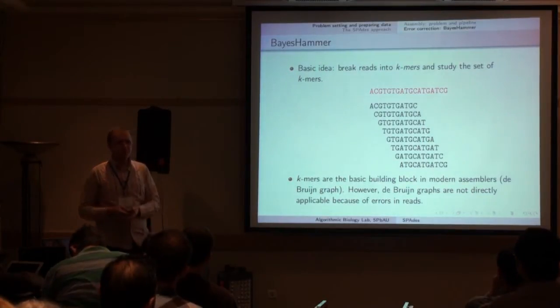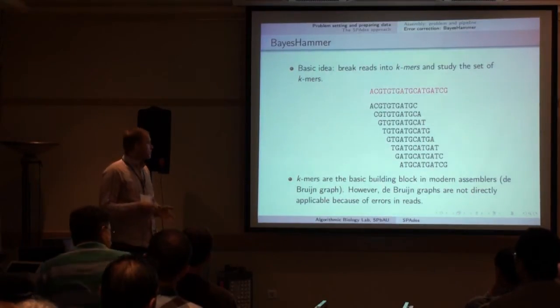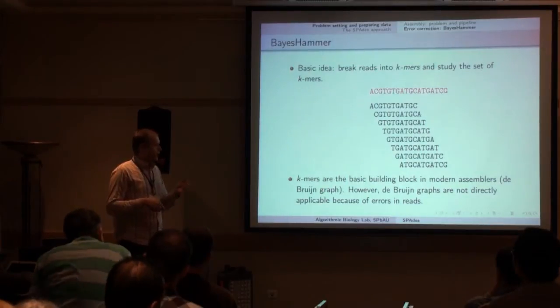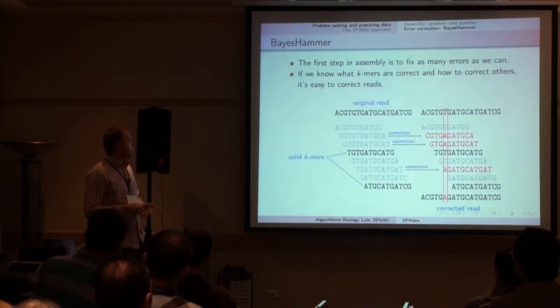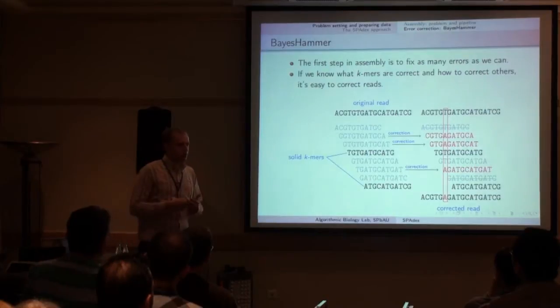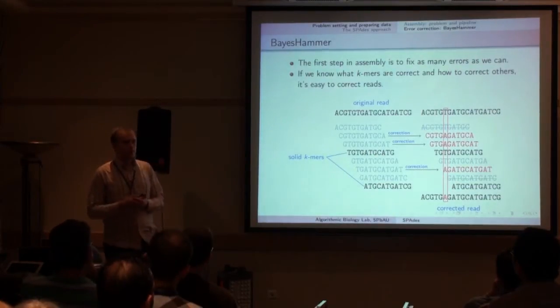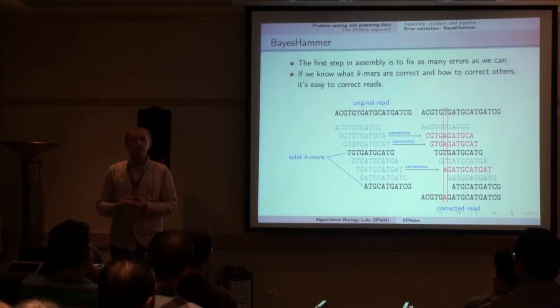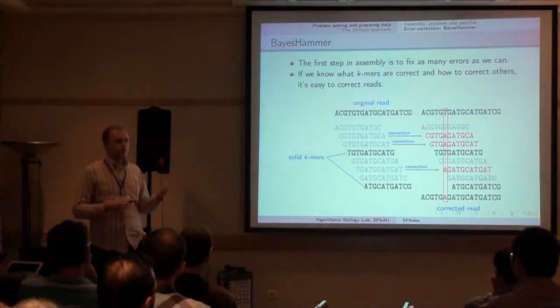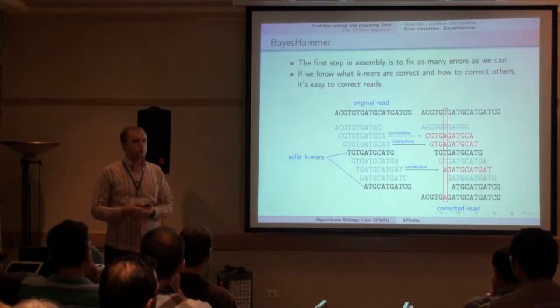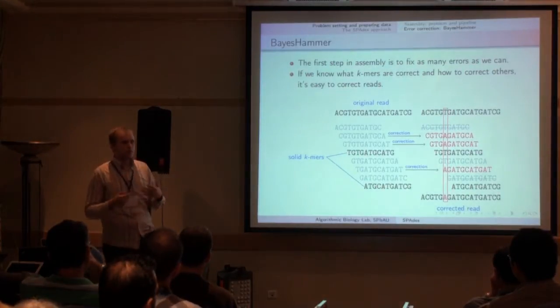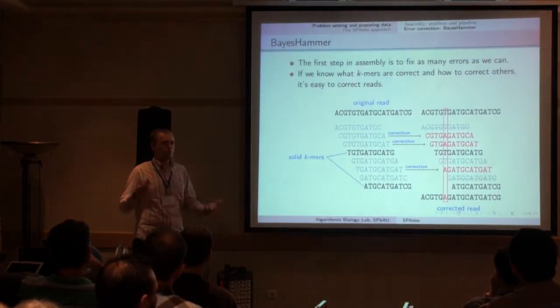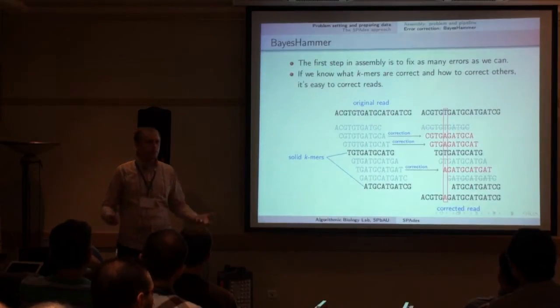But of course it doesn't work, because there are all sorts of errors in the reads. And so the first step is to try to correct the reads as they come. If we did not have this error correction step, we would not even be able to construct the De Bruijn graph. Well, we would be able to construct it, but we would not be able to work with it. It would be too large and too complicated.